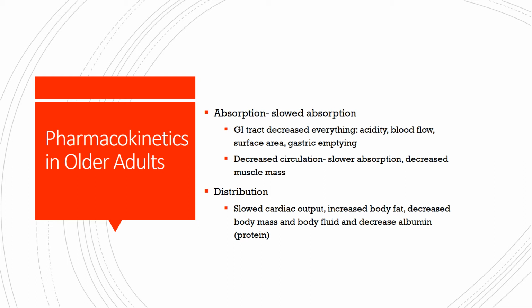If the albumin level is low, this could certainly cause a toxicity issue, because the drug's not piggybacked onto the albumin and is freely floating out there in the bloodstream.